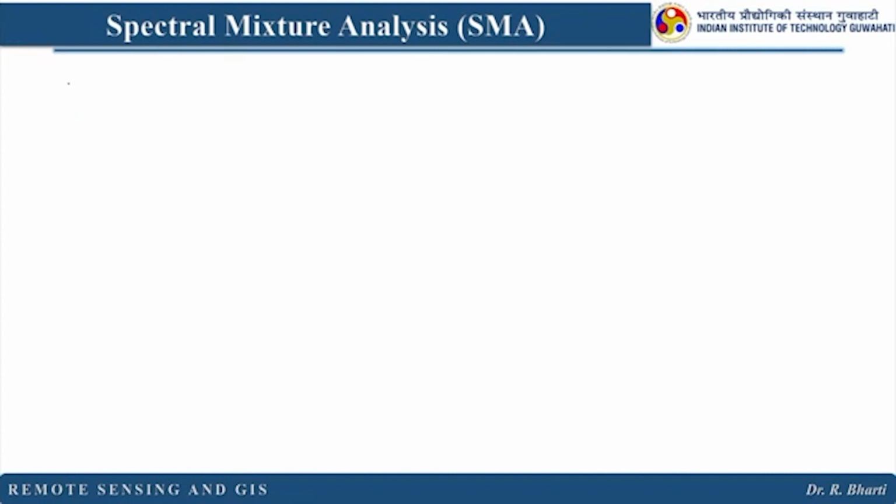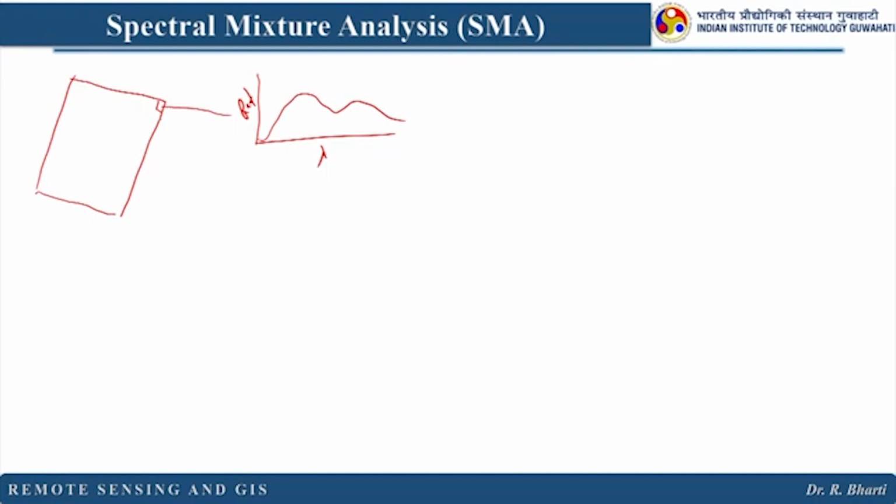Let us say you have a hyperspectral image, and this pixel you want to extract. This is the lambda and this is reflectance. Now, what exactly are we trying here?